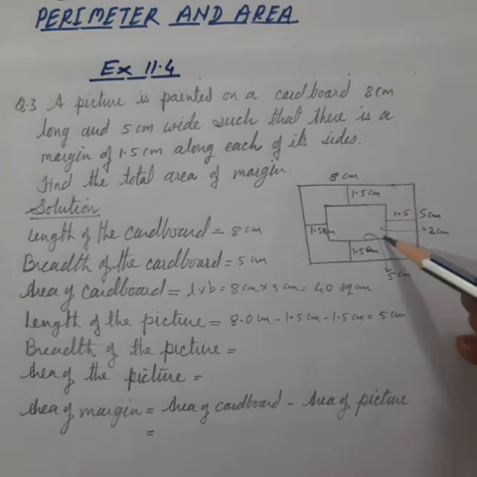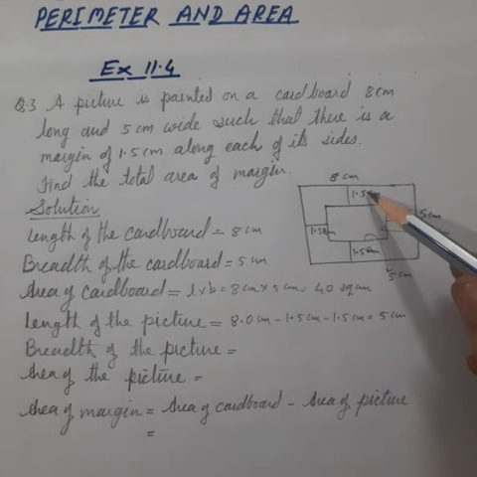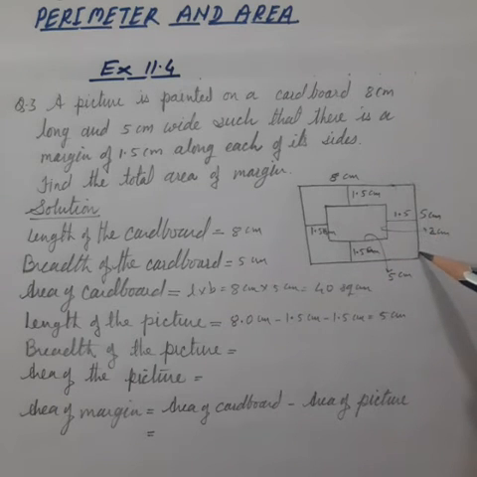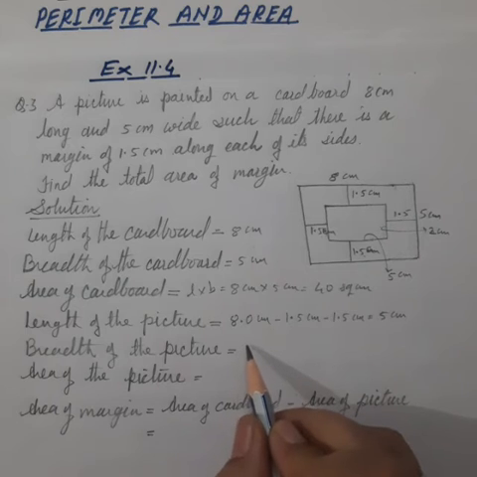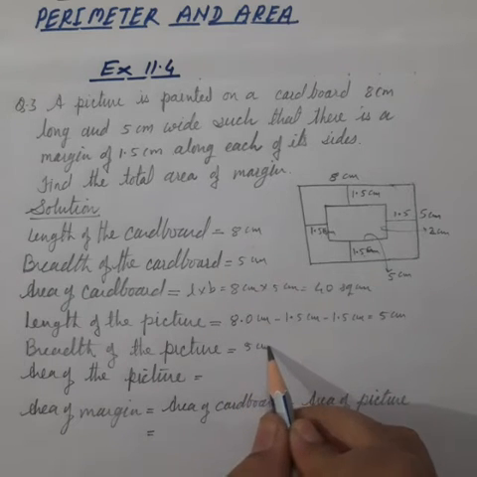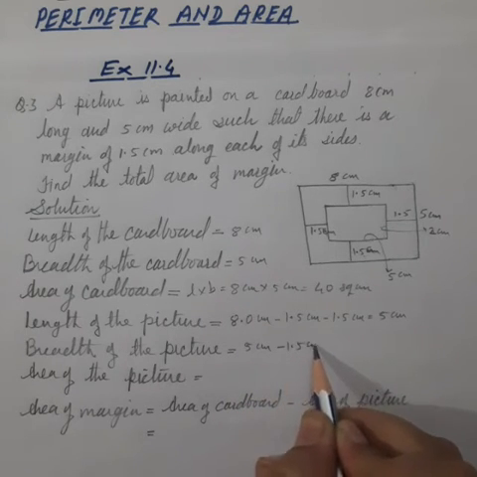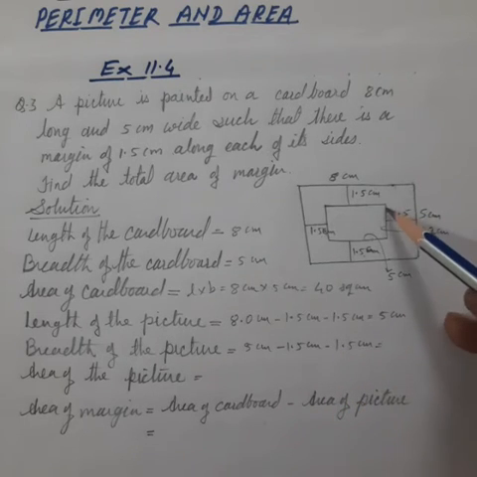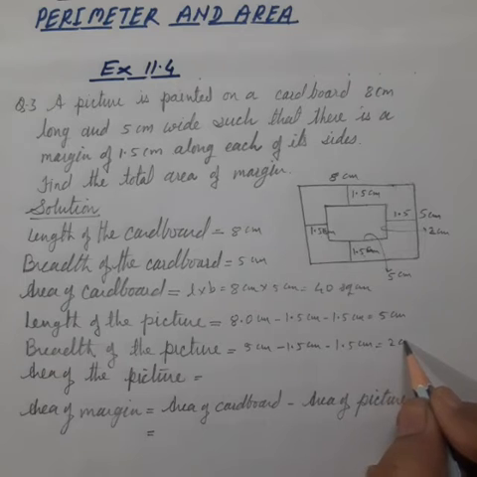Now breadth. In breadth also this is 1.5, this is also 1.5 centimeter. From total 5 centimeter subtract this 3. So we get the breadth of the inner rectangle 2 centimeter.